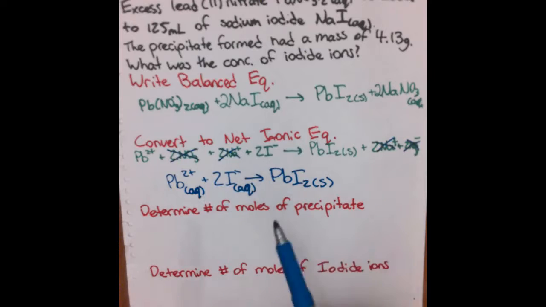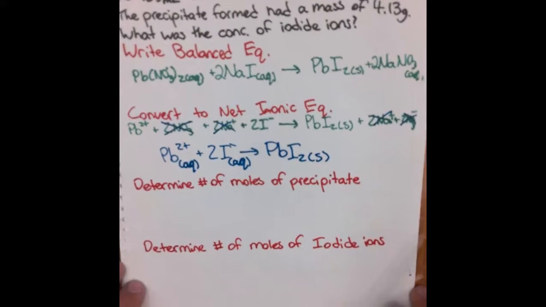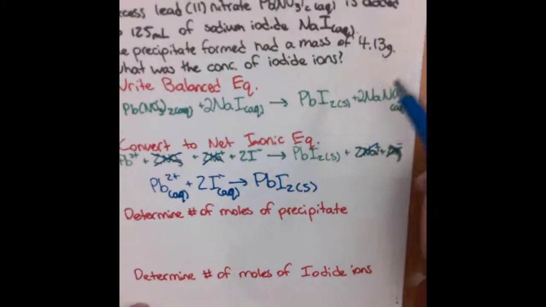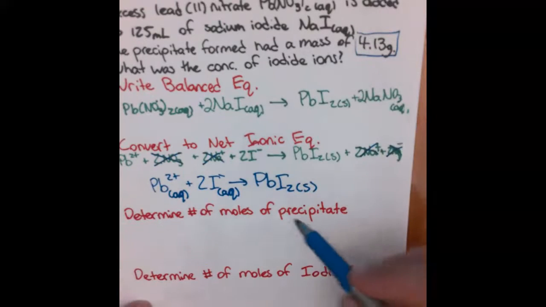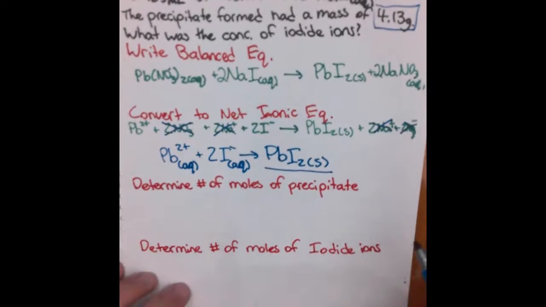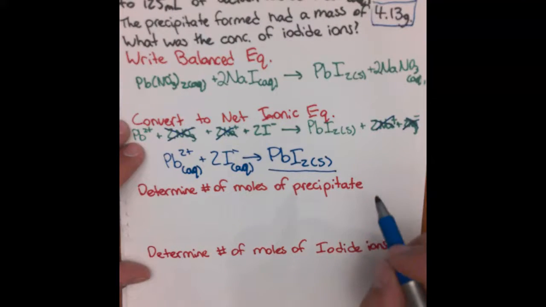So we have that, and that is going to be very helpful once we need to look at our molar ratios. But for right now, it's asking us again, we'll determine the number of moles of our precipitate. Right? So now we know that our precipitate that produced 4.13 grams is obviously going to be our lead iodide. So I can just take that and put it into my mole equation.